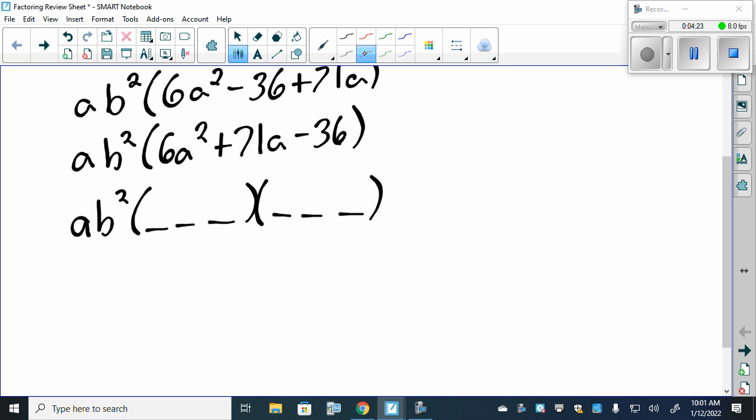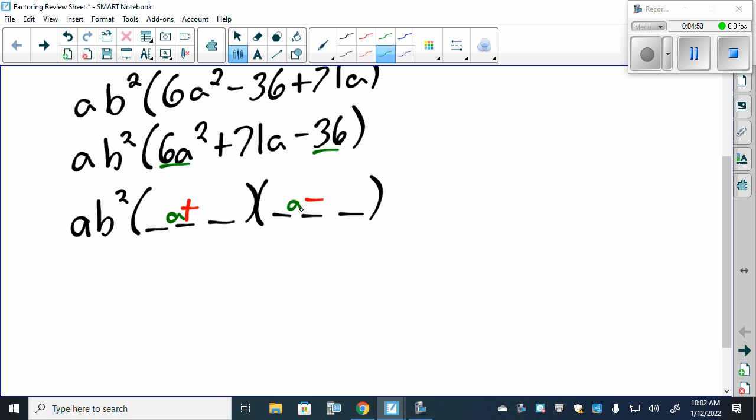The variables go a squared, a, and then our constant term. Now, because the 36 is negative, our signs are going to be, one's going to be positive and one is going to be negative. Now, the factors of 6a squared and 36 are what we need to find next. I know that a squared factors to a and a.